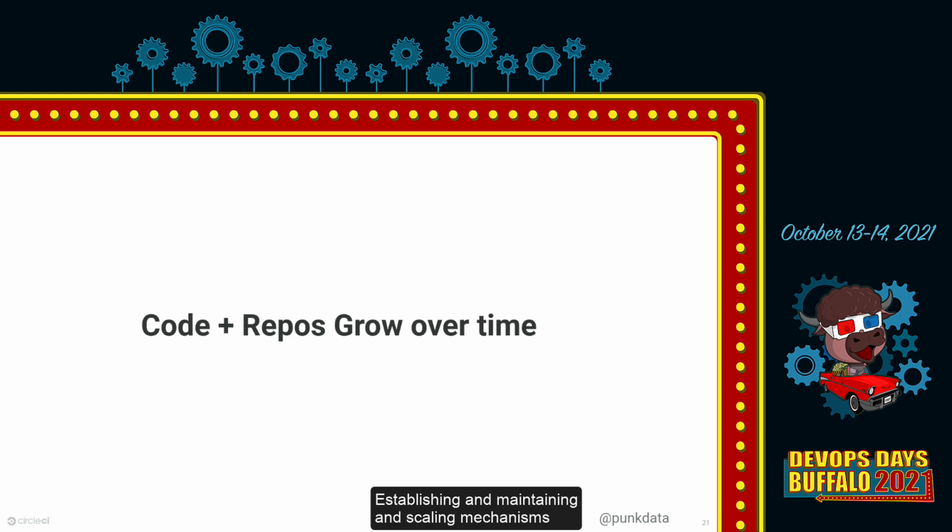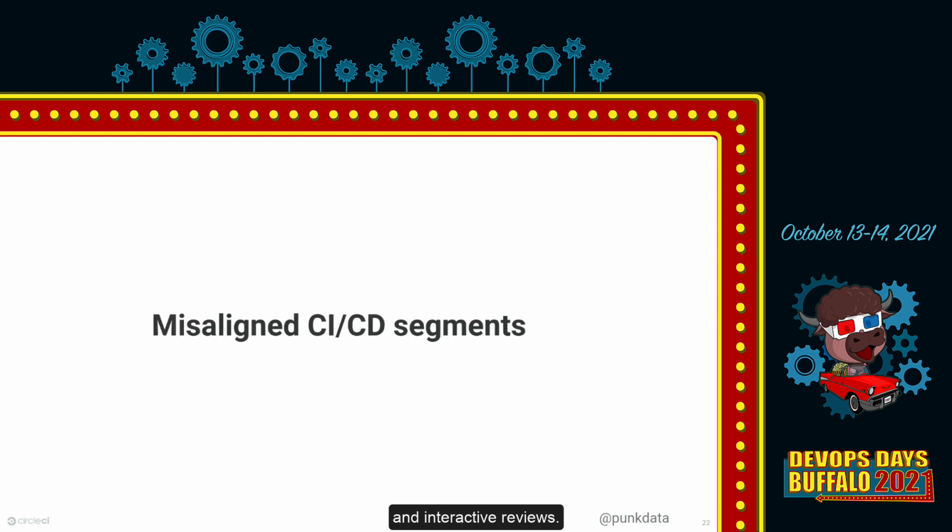Establishing and maintaining and scaling mechanisms that provide solid support for pipelines is very difficult to achieve without constant surveillance and interactive reviews. A common issue produced from lack of pipeline management is misaligned segments within your software development lifecycle.